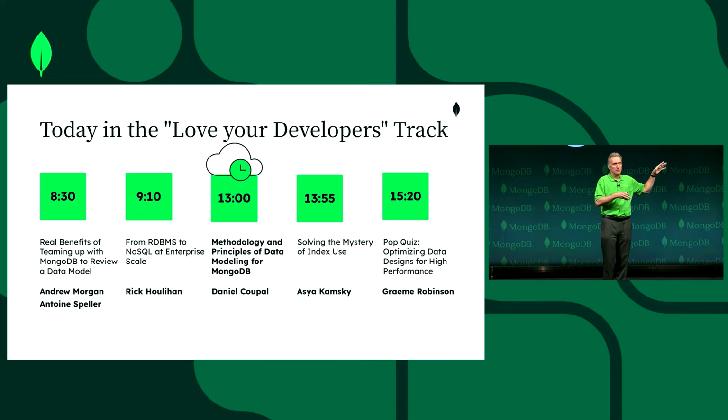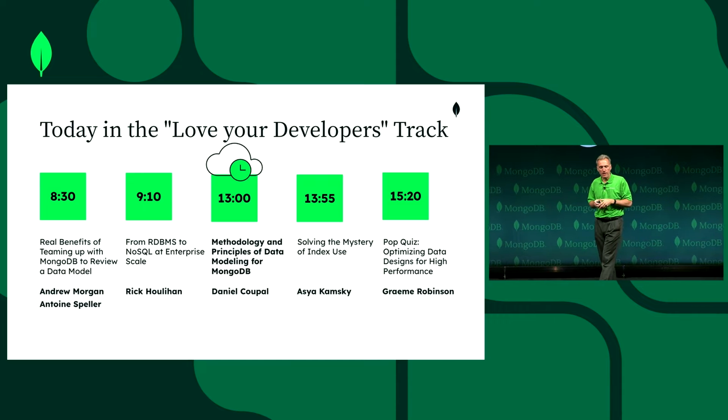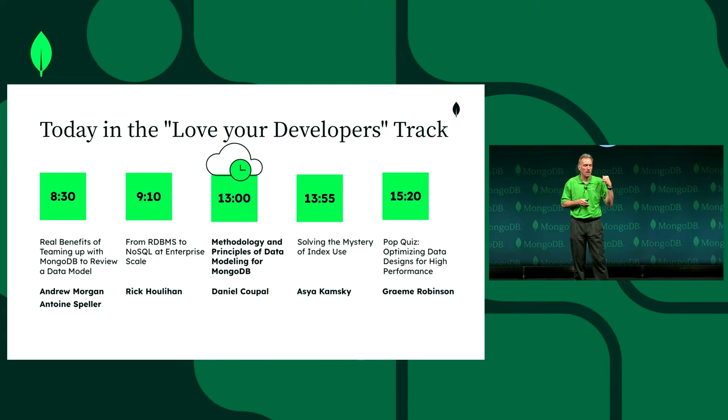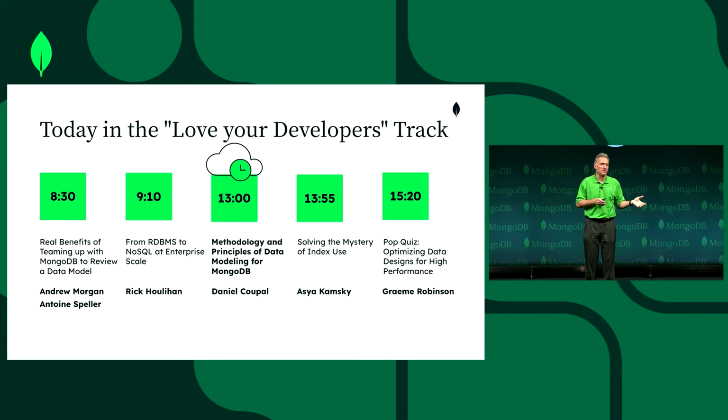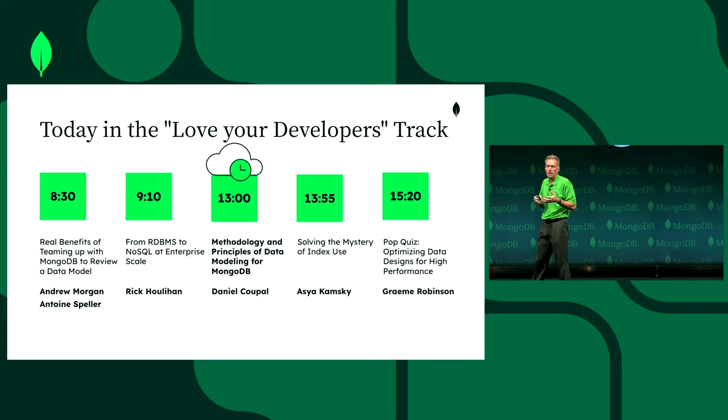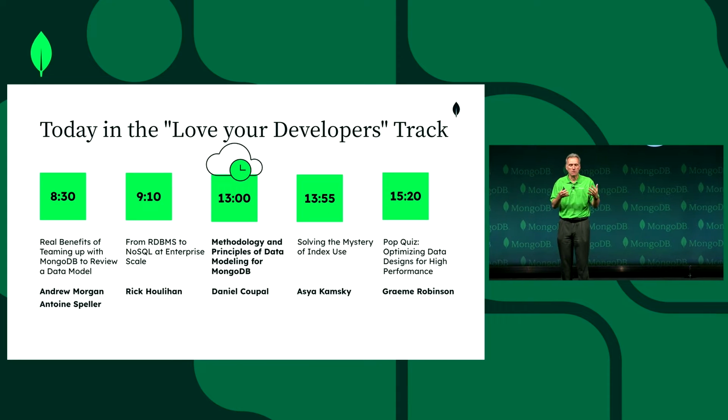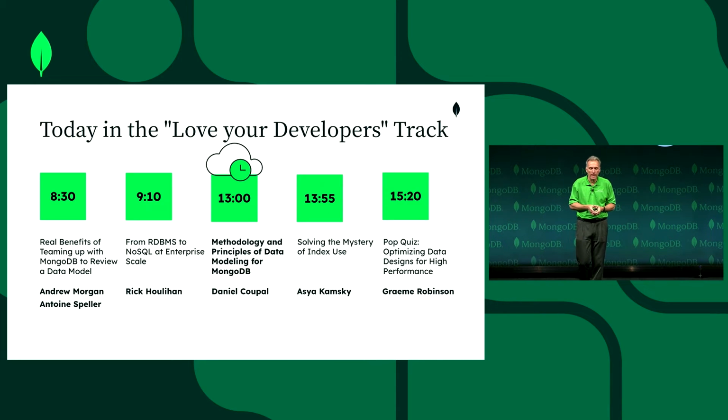The previous presentations are going to be available. Everything is getting recorded today, so you can go back to those. And then we had at 9:10, Rick Julian, who had this famous presentation where he talks about why relational databases are not fit anymore for a lot of the workloads we have.